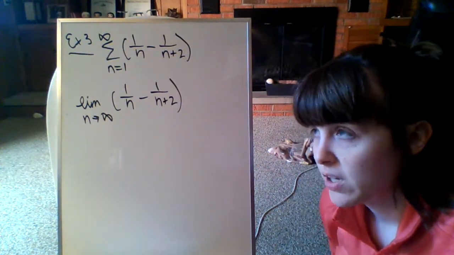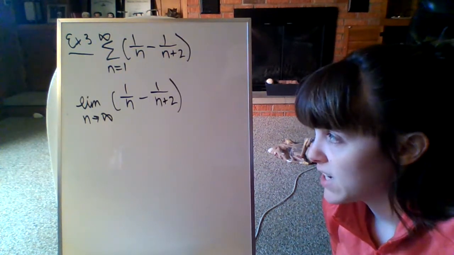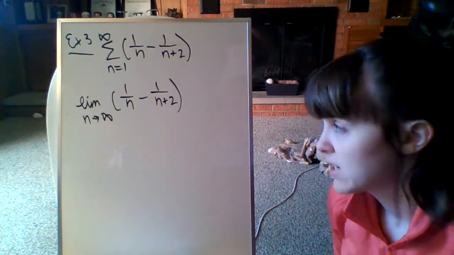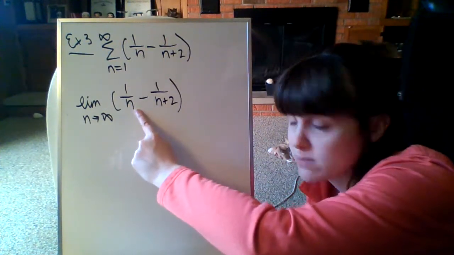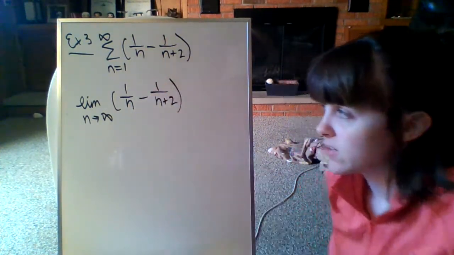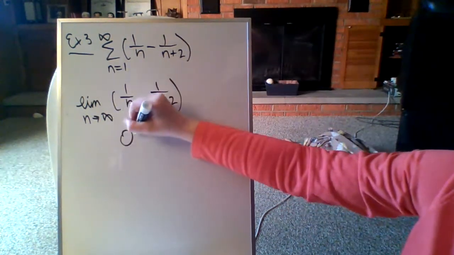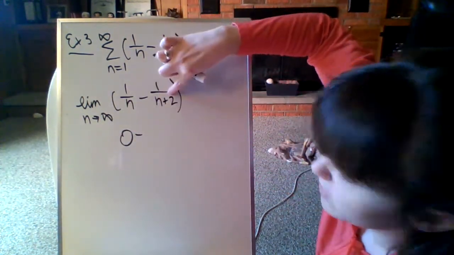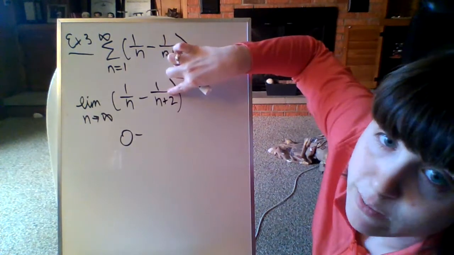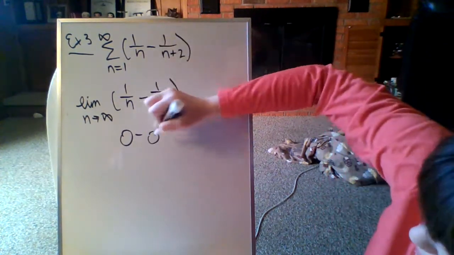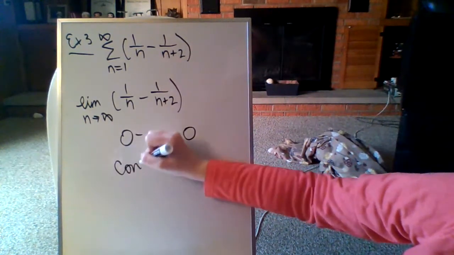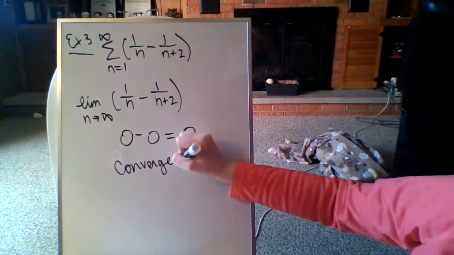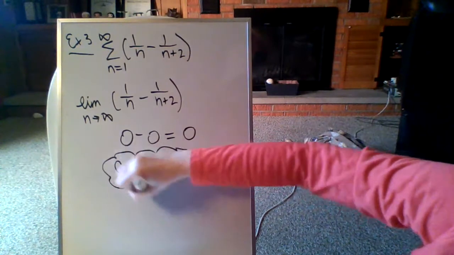I mean, you could. But if you just plug in infinity, so we're using direct substitution on this, 1 over infinity becomes 0. Minus 1 over essentially infinity, that's going to become 0. And 0 minus 0 is 0. So we're going to write that it converges.